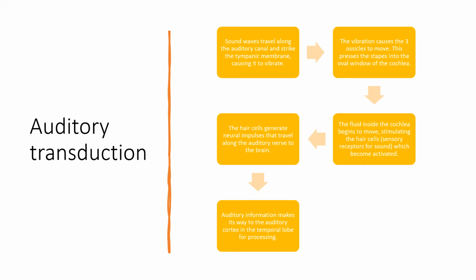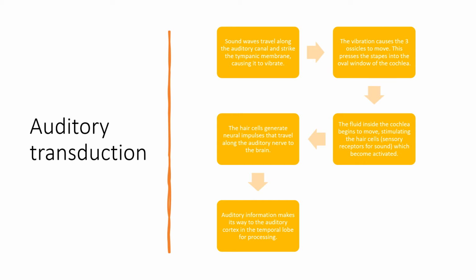I think it's also important for you to note that the receptor cells in our ears are hair cells, and that these become activated. And so what's happening here is transduction, because these hair cells generate neural impulses that then travel along the auditory nerve to the brain.